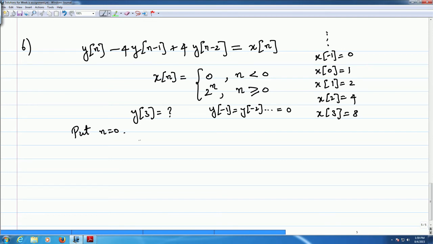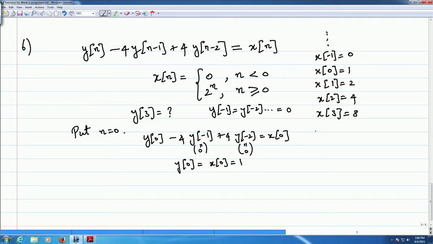Okay. So, if you put n equals 0, you get y of 0 minus 4 y of minus 1 plus 4 y of minus 2 equals x of 0. Now, this term is 0, and this term is also 0. So, you basically get y of 0 equals x of 0, which is just 1.